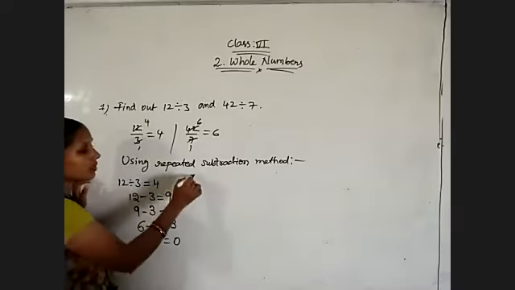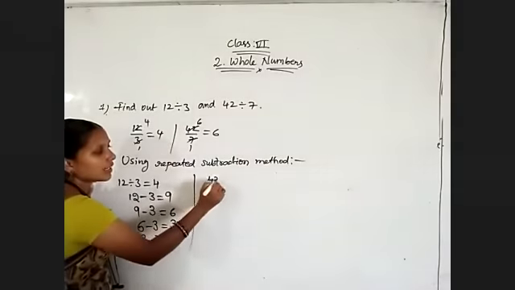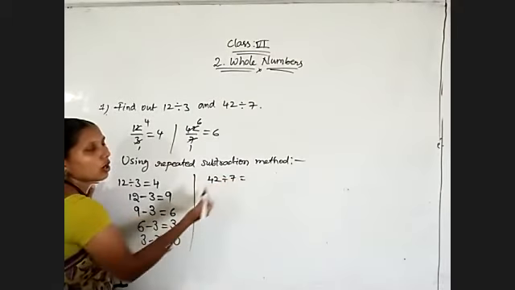Now coming to the next. 42 divided by 7 is equal to how much?